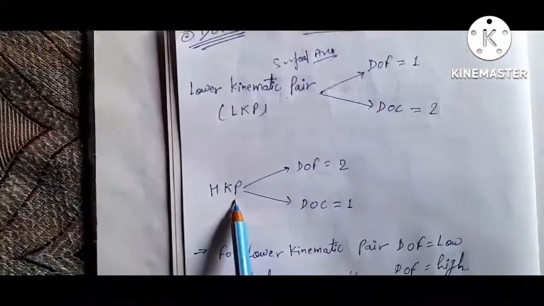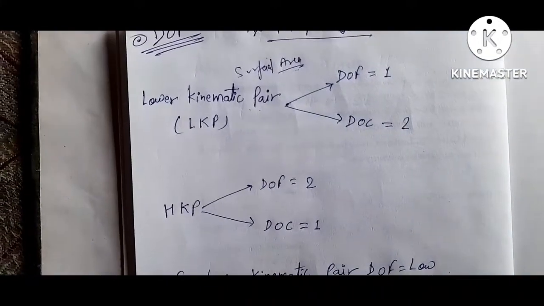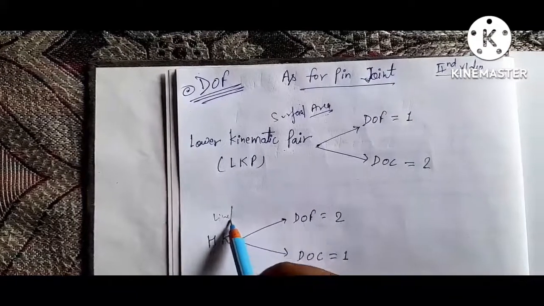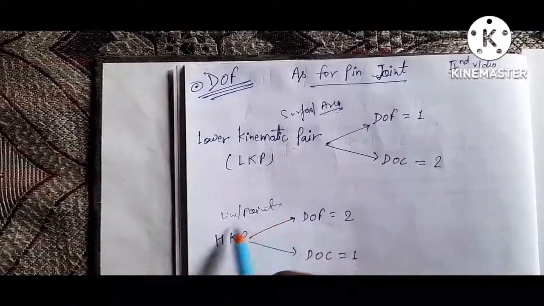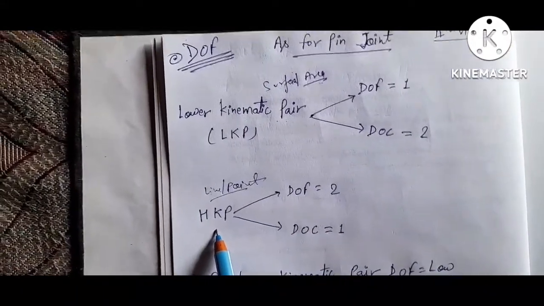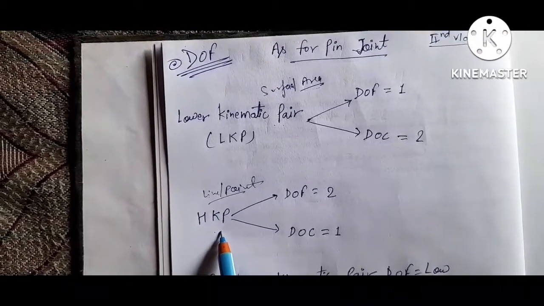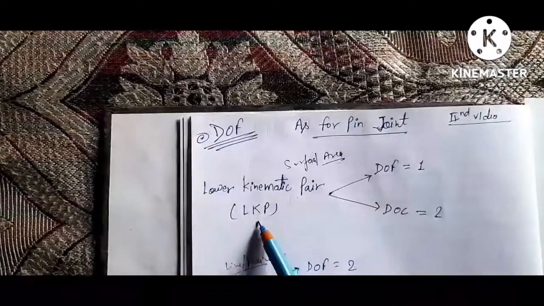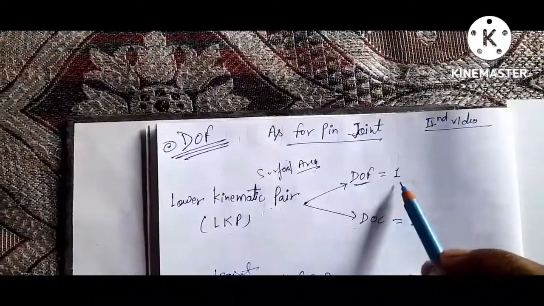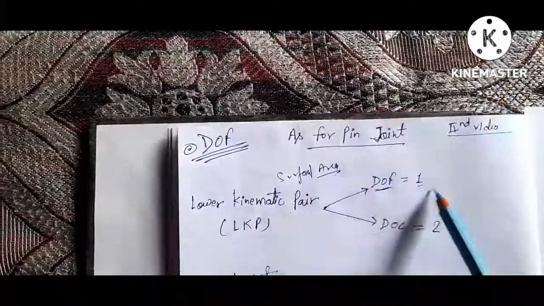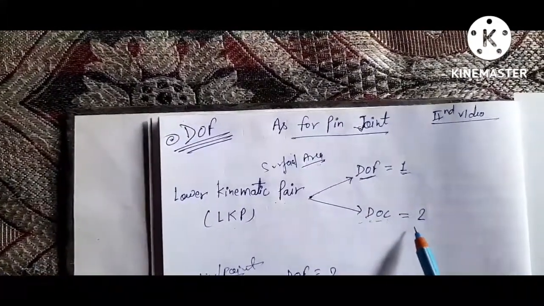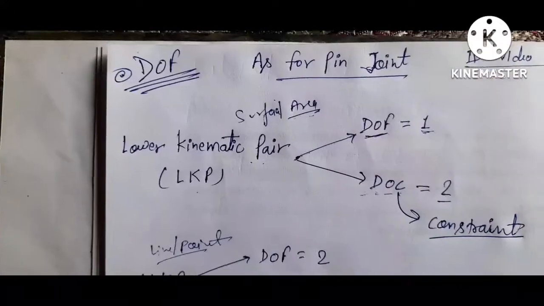And higher kinematic pair, if the nature of contact is line or point, then this is known as higher kinematic pair. Example: gear, cam. So many examples of higher kinematic pair. Lower kinematic pair has degree of freedom 1 for a pin joint, and degree of constraint, DOC, is 2.